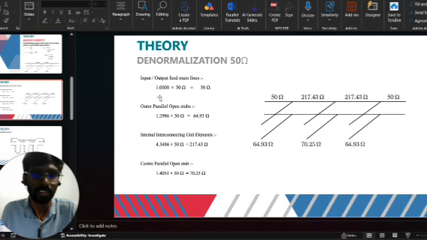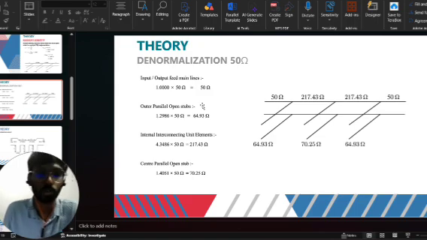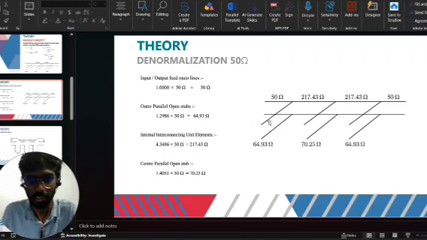To obtain this, we need to multiply all the given values by 50 ohm. This converts the normalized values into the practical characteristic impedance required for microstrip implementation. The calculated impedances are then used in ADS to generate the physical dimensions of the microstrip line. After calculating all of it, we need to substitute into the circuit transmission lines.